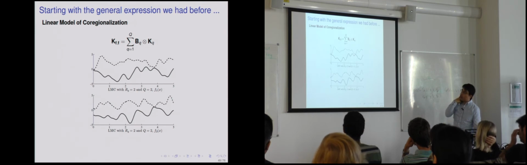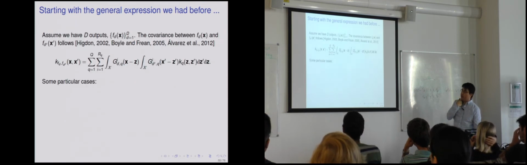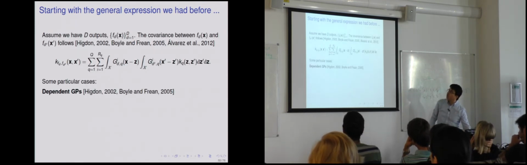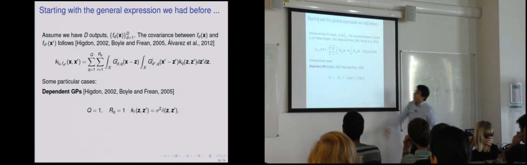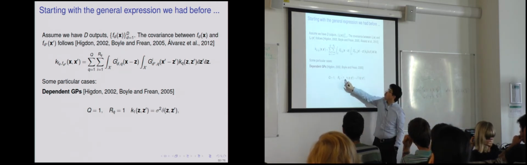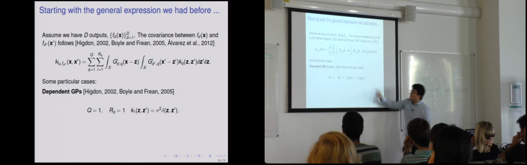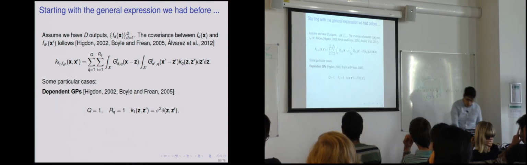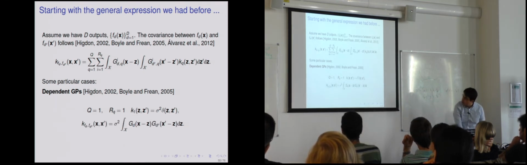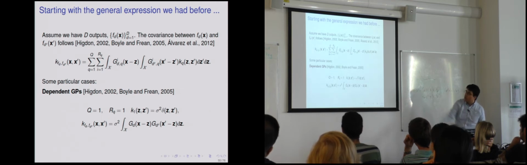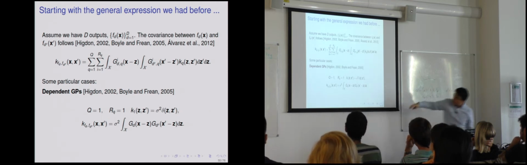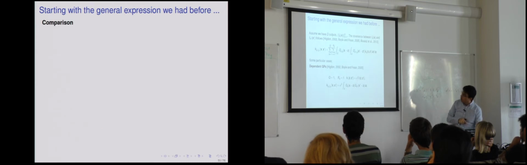The last case that we saw is the dependent Gaussian process, where we assume that capital Q is equal to 1, R_Q is equal to 1, and the covariance function is just the Dirac delta because it corresponds to white Gaussian noise. We get this integral that we saw before, and we computed that covariance using a particular form for G_D.